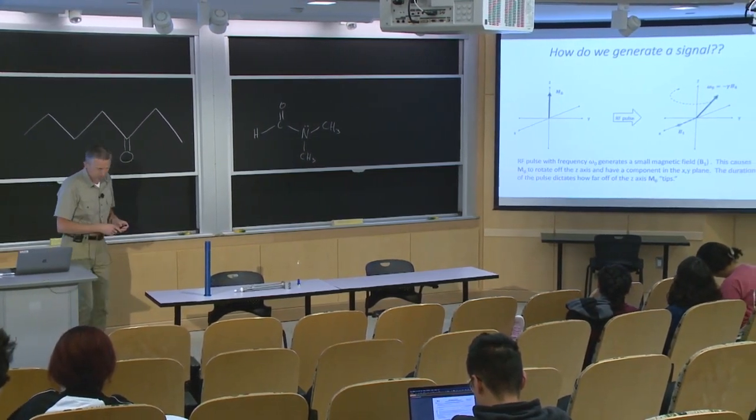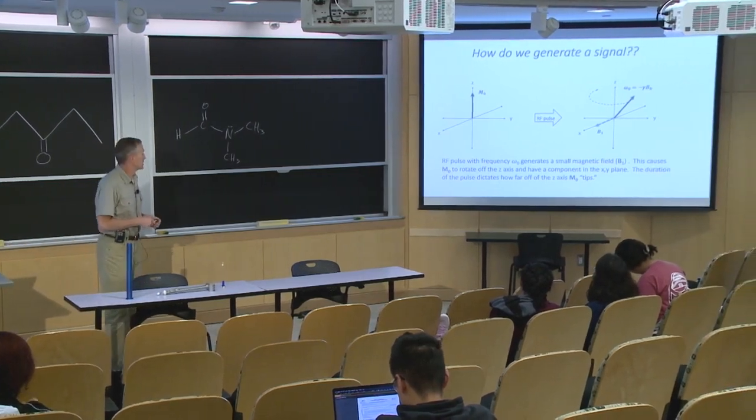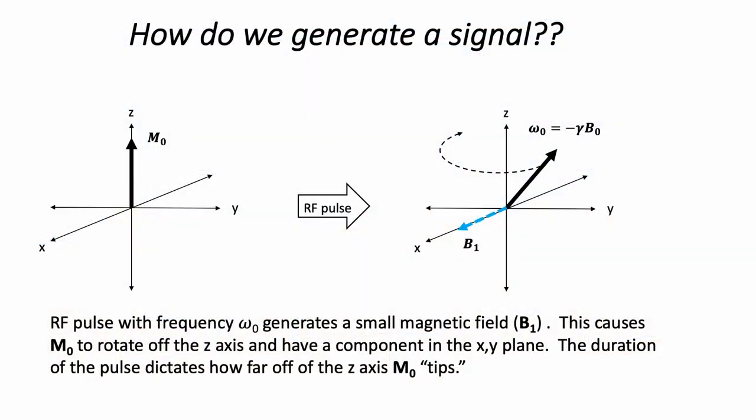So I guess I jumped too far ahead in my verbiage. We have our sample in there, it's lined up, and we perturb it with an RF pulse. So now I've jumped back to vectors.